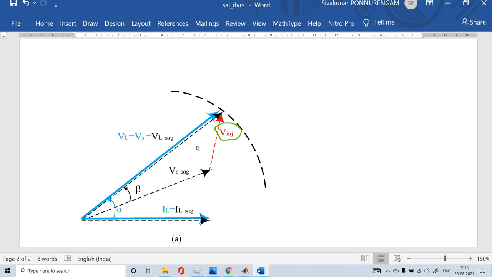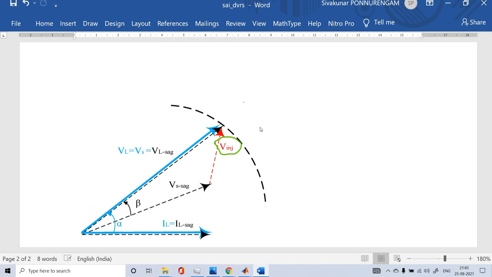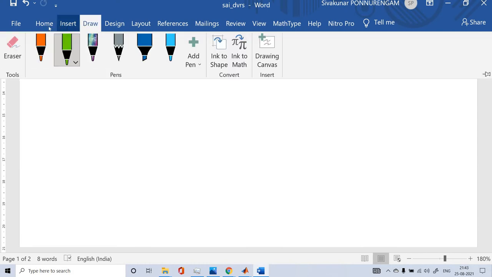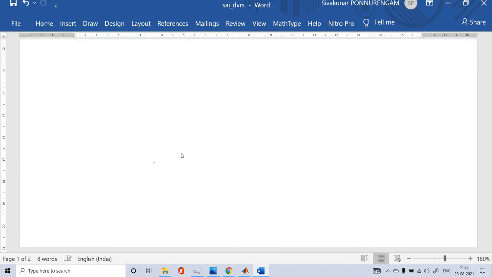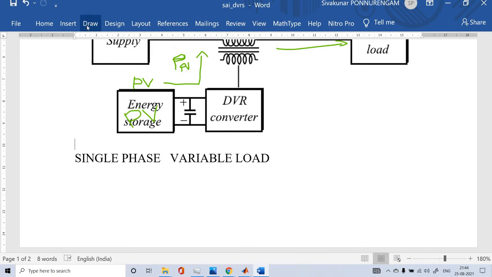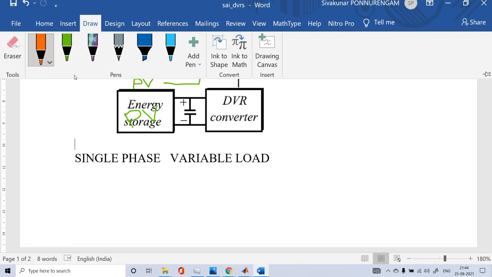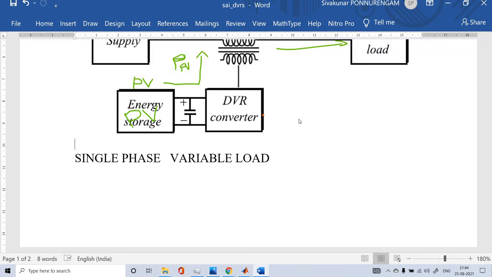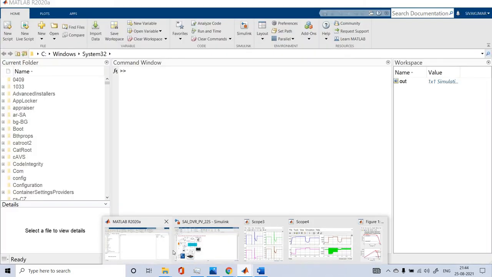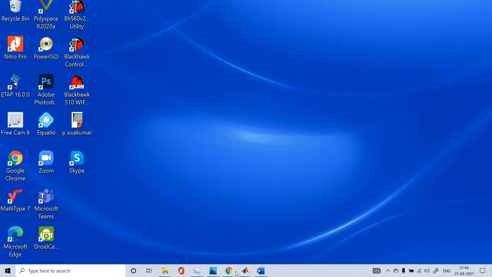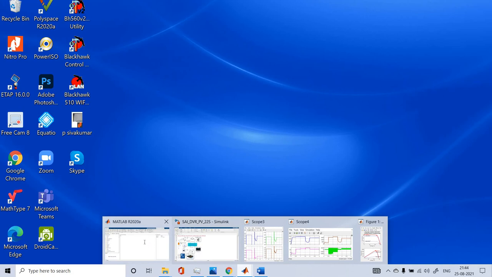Suppose we are going to do the real power injection, how do we obtain it? We are going to see that in different cases. Please see the concept of real power injection here.